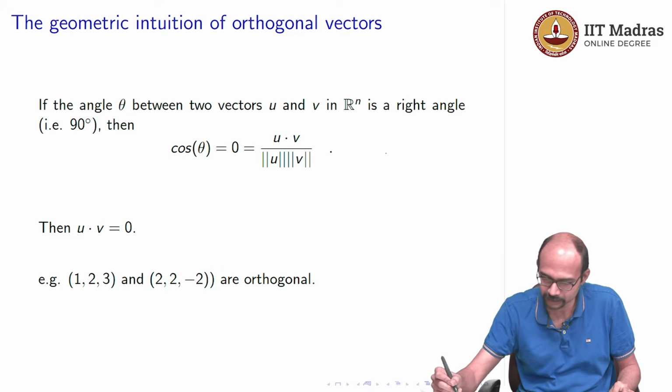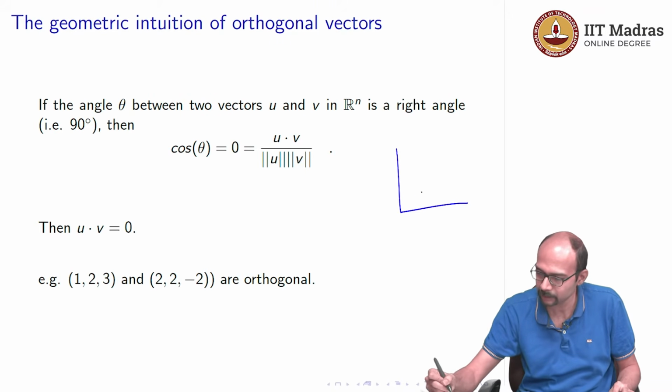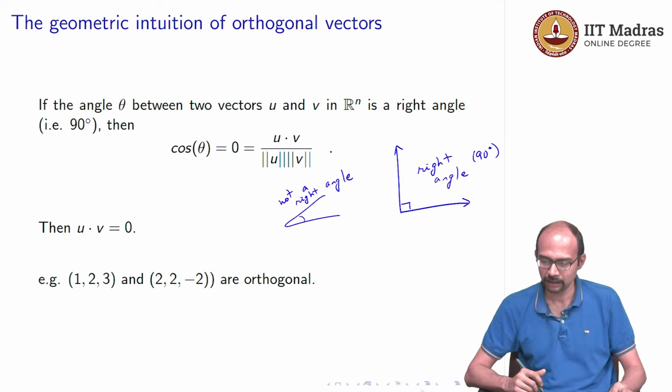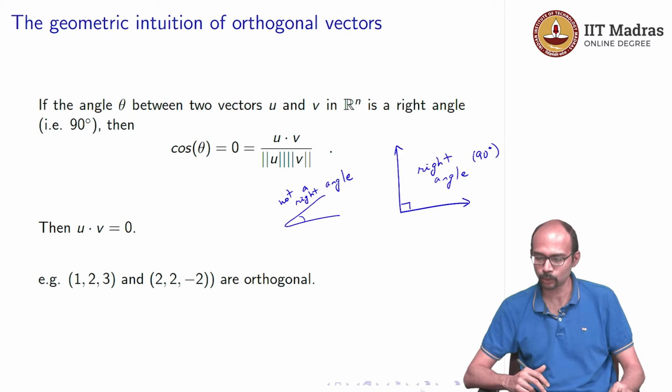In R2, for example, this is what we mean by two vectors being orthogonal. So this is a geometric intuition. As an example, let us look at the vectors (1, 2, 3) and (2, 2, -2).